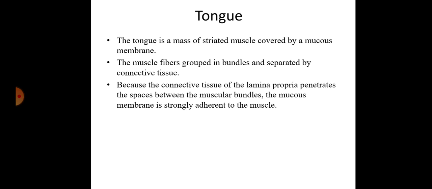The mucosa membrane of the tongue is closely adherent to the muscles because the connective tissue of the lamina propria penetrates the spaces between the muscle bundles.